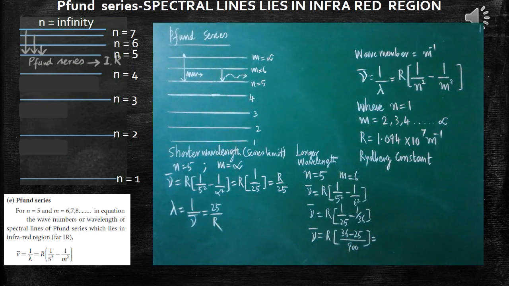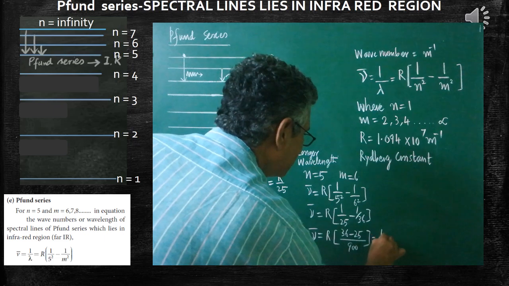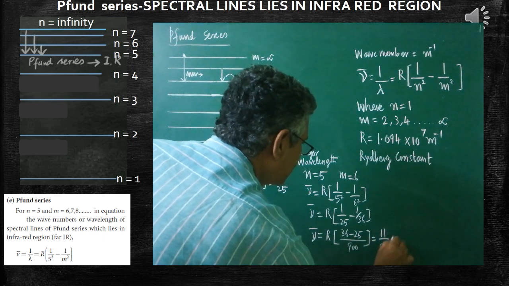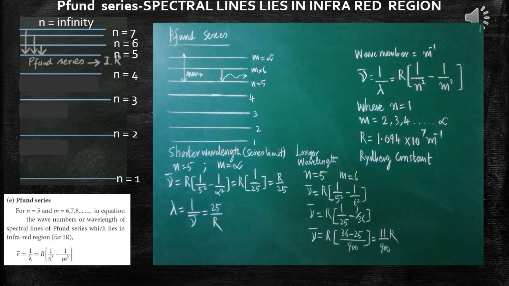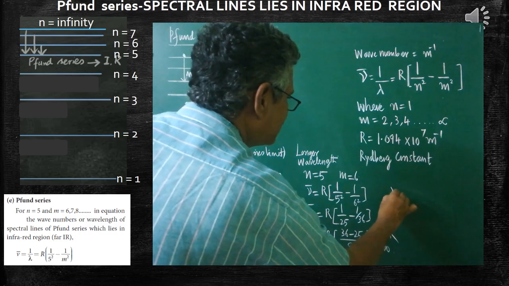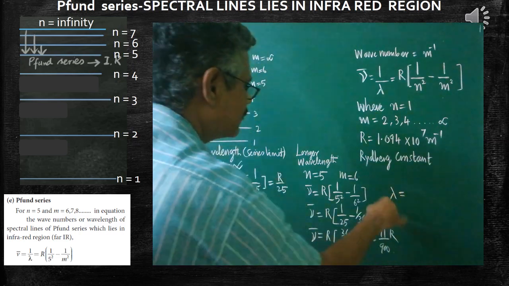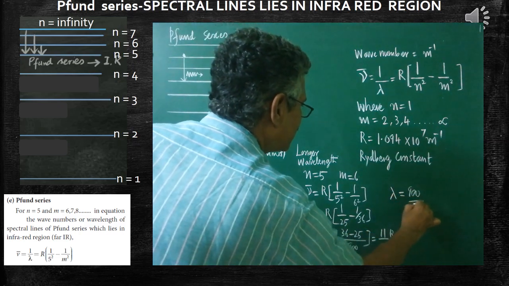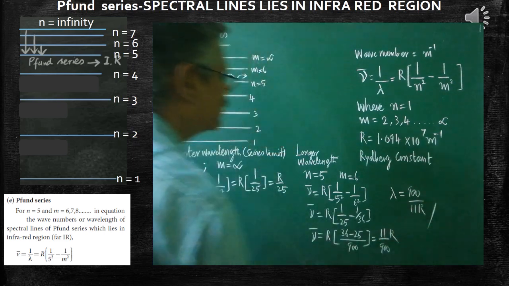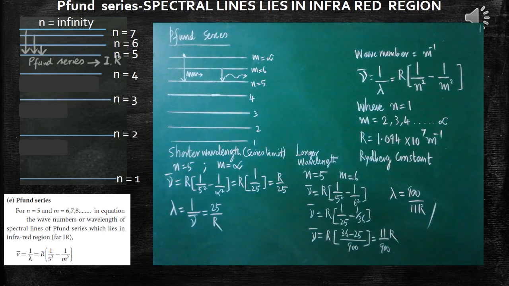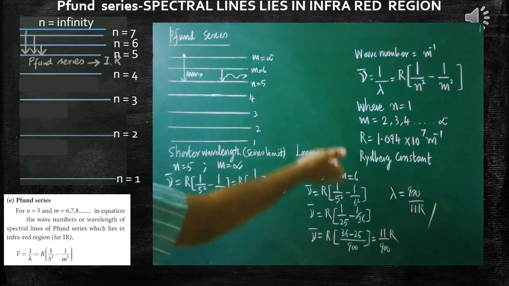If it is subtracted you will get 11, so 11 divided by 900 into R. How to calculate the wavelength? Wavelength is the reciprocal of the wave number. Therefore you will get 900 divided by 11R. So both are calculated here. This is about the shorter wavelength, and that is about the longer wavelength.